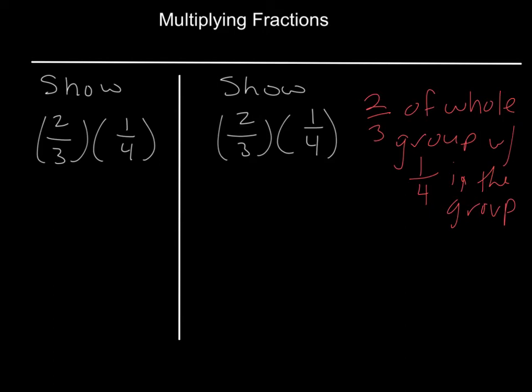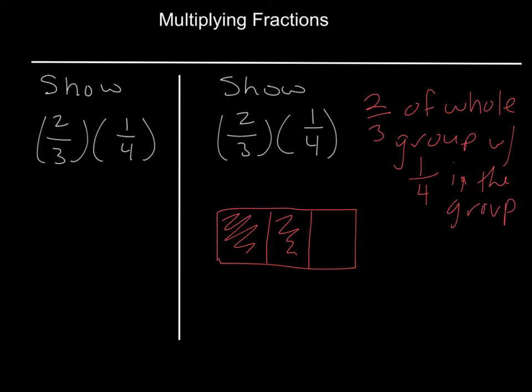So the first thing that I'm going to do is start by drawing a group here. There's my whole. Now I have 2/3 of this. So there's 1/3, there's 2/3. Now it says that I'm going to multiply that, and what I'm trying to find out is inside this 2/3 of a group, how much of my 1/4 do I have in it?